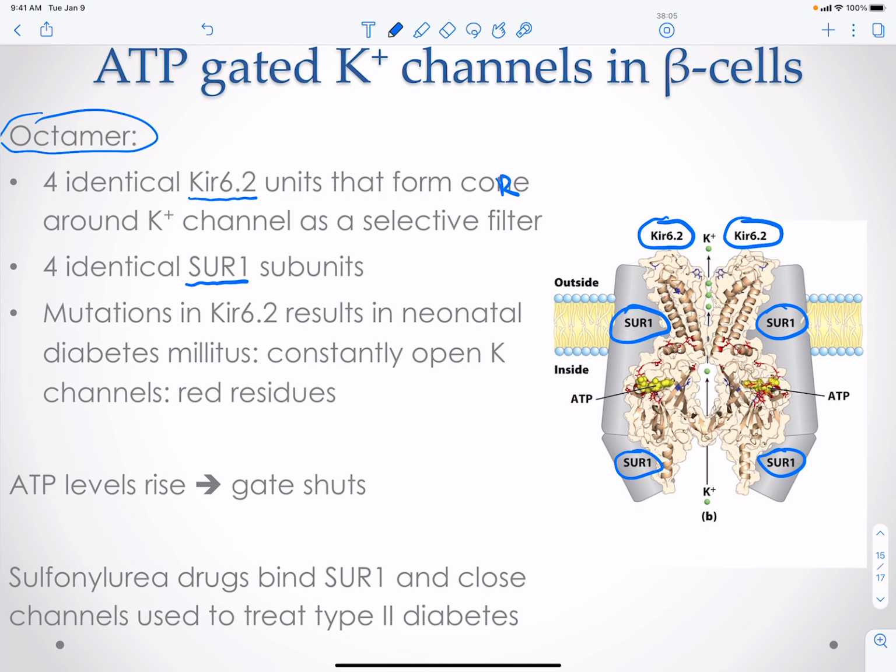And so one thing that is going to be able to treat your diabetics are sulfonylurea drugs. Sulfonylurea drugs are important because they're going to bind to that SUR1, and this is going to allow those channels to close. So it's sort of forcing the channels to close. And the sulfonylurea drugs are going to be used to treat type 2 diabetics.